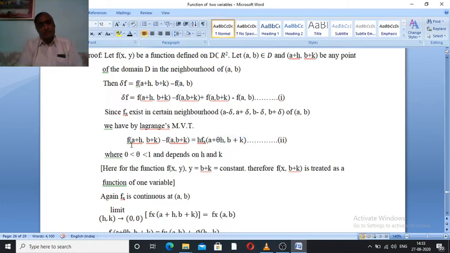We know that Lagrange's mean value theorem, where 0 less than theta less than 1 depends on h and k. Here for the function f of x, y, we define here y is equal to b plus k, it is constant, then therefore f of x, b plus k is treated as a function of one variable.